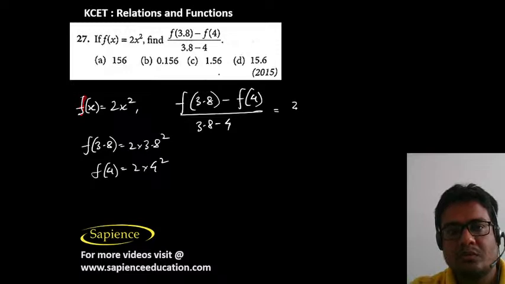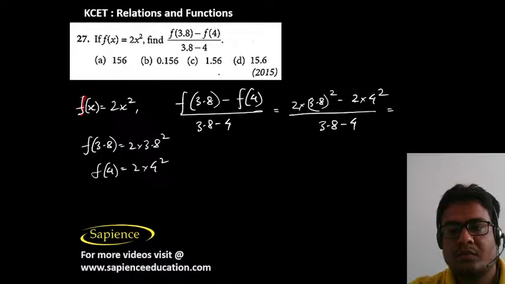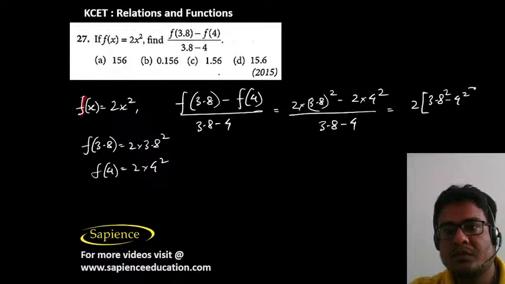So this will be 2 into 3.8 whole square minus 2 into 4 square divided by 3.8 minus 4. From here I can take 2 as common, and this would be 3.8 square minus 4 square divided by 3.8 minus 4.